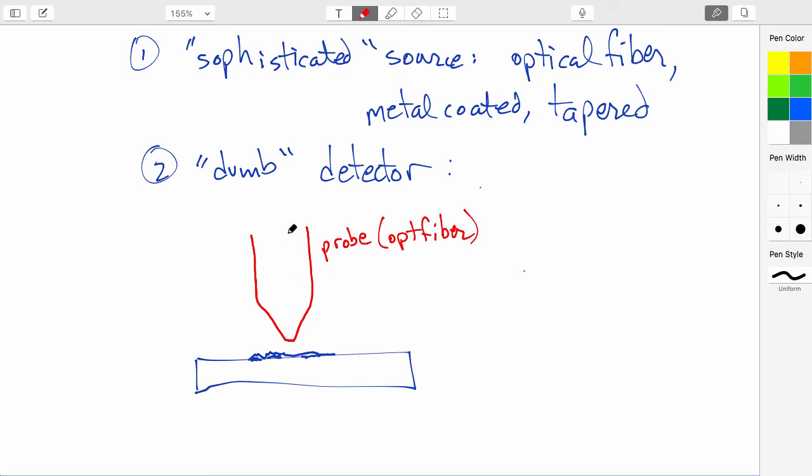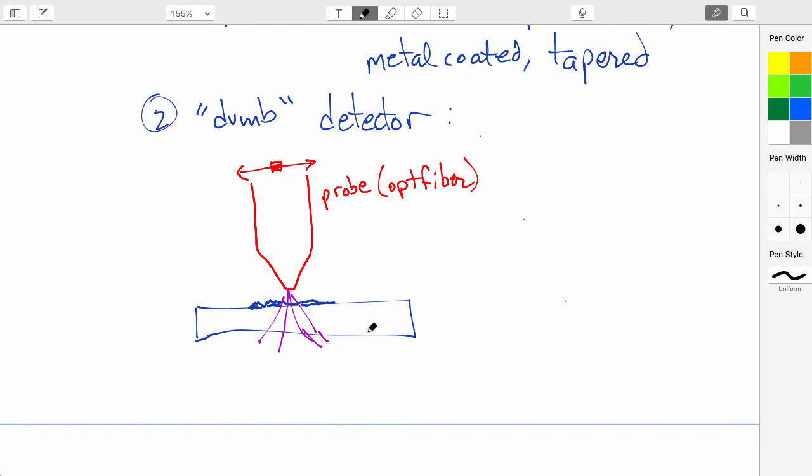And this would then be scanned across the surface back and forth, while at the same time the light that comes through and out through here would be detected by some kind of detector, a photodiode.